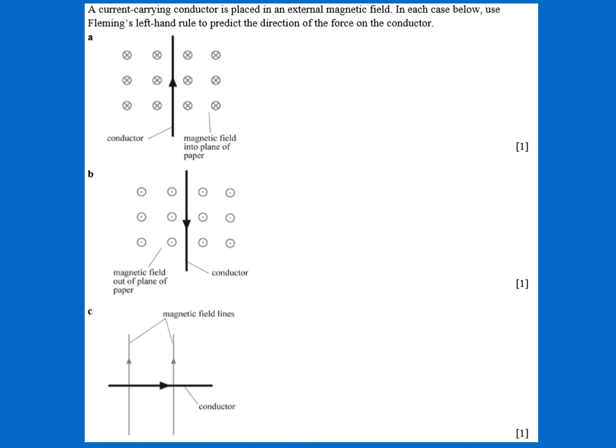Then for B, the field's out of the paper, so you have to rotate your hand around again, and the current is going downwards. So again, rotating your hand around. For C, the field's going up, and the current is going towards the right, because the arrow on the conductor shows that. So have a go at trying to work out which direction they are, and then I'll put the answers on the board.